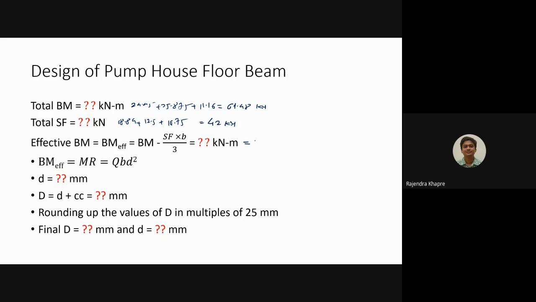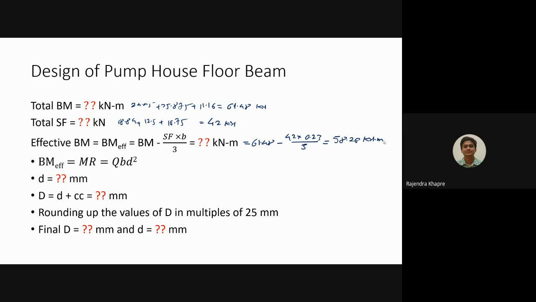So bending moment is 61.48 minus shear force is 42 into width of the support is 0.23 divided by 3. How much is this? This will be very slightly reduced. 58.26 kilonewton meter. Okay, ये बहुत थोड़ा सा कम होगा.